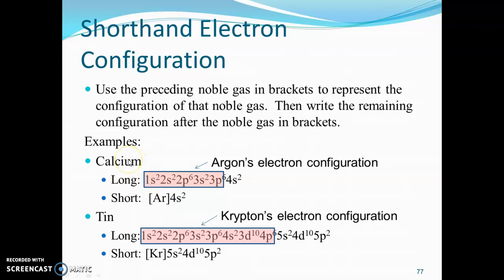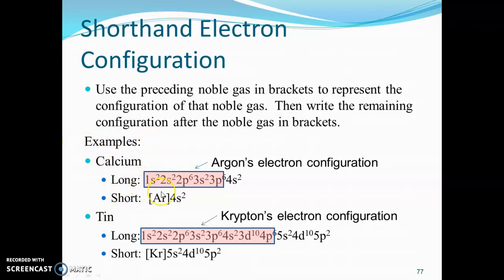So for example, if we're going to write the electron configuration for calcium, the full electron configuration for calcium would be 1s2, 2s2, 2p6, 3s2, 3p6, 4s2. And then for the shorthand electron configuration, you go back and look and say, what's the noble gas that comes immediately before calcium?